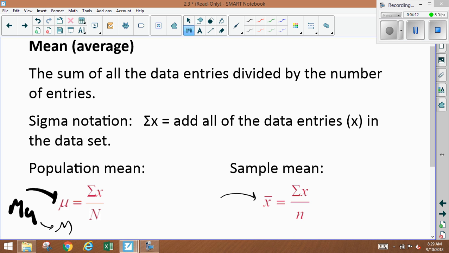Now, like I said, if we had the heights of just the people in this room, we would have to use this symbol over here, the one I drew this arrow to, and we call that x bar.